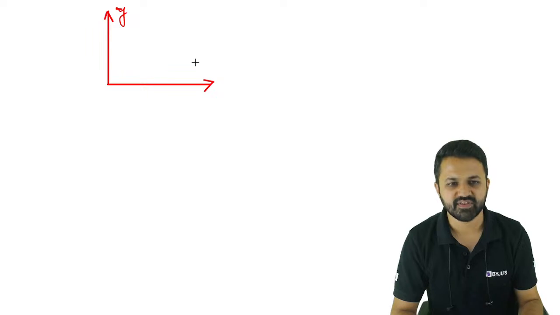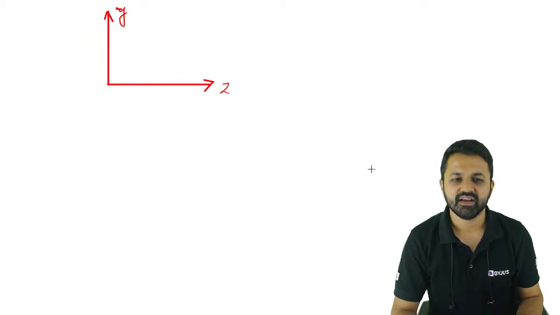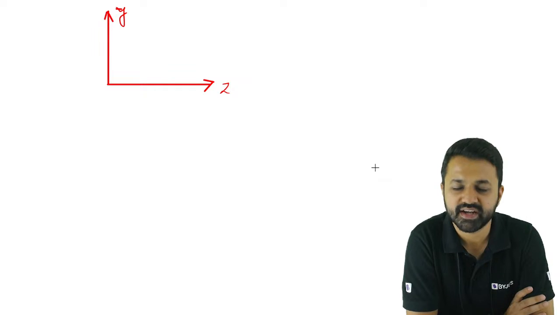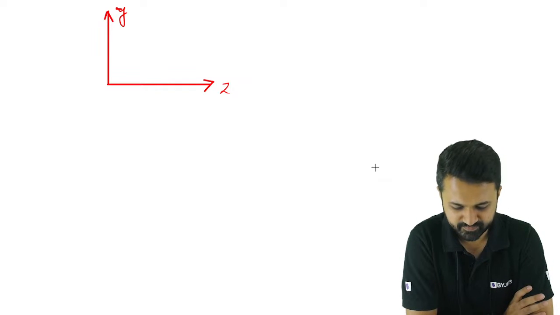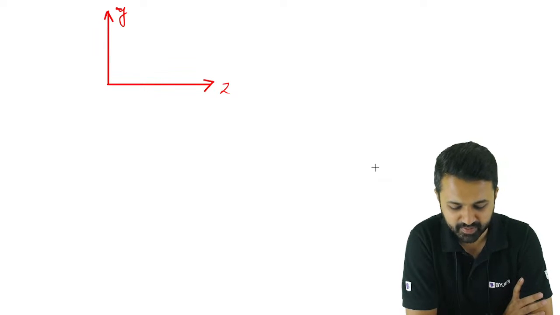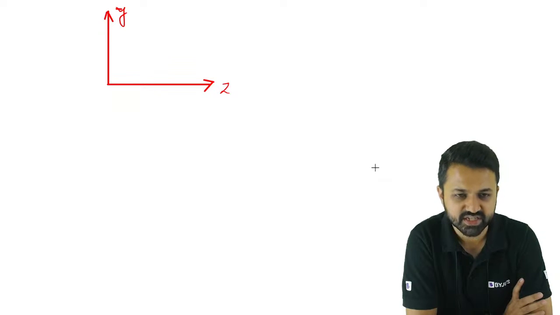If this is y and this is z, then in which direction will you say the x coordinate is? Whether it will be outside the board, or inside the board or paper. When it is the y-axis and the z-axis, then in which direction will you get the x-axis? Positive or negative, in which direction?